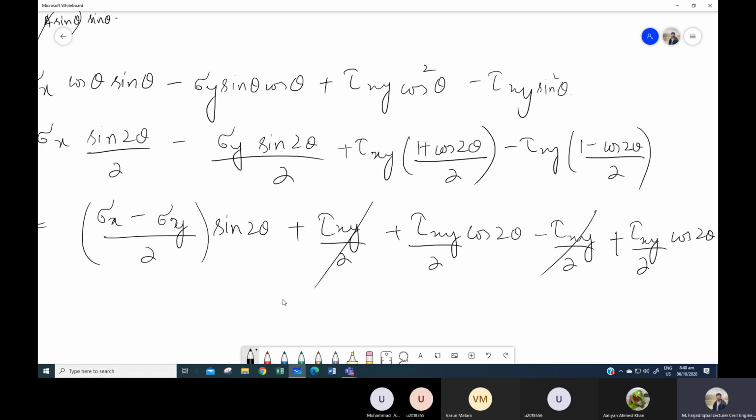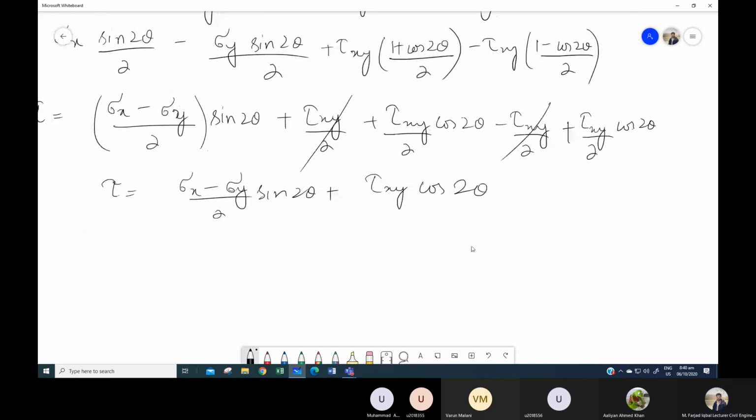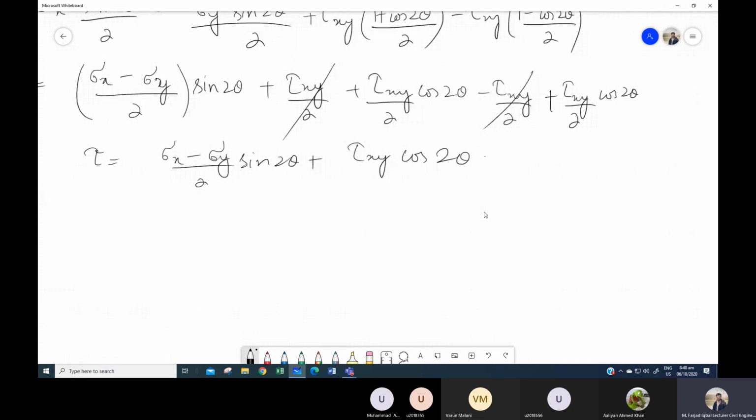This will cancel out. So the final equation for tau will be sigma x minus sigma y by 2 sine of 2 theta plus, these two will add up, and we will be left with tau xy cos of 2 theta. Now this is the equation for the shear stress at an angle theta with respect to the normal stresses, right?